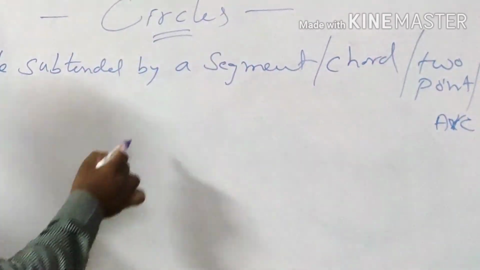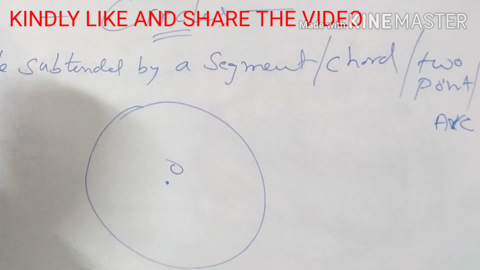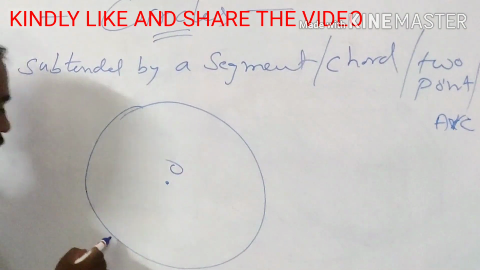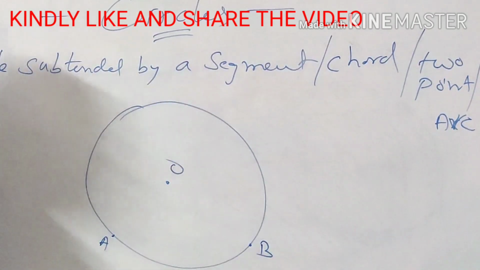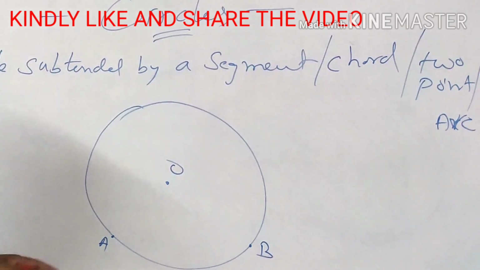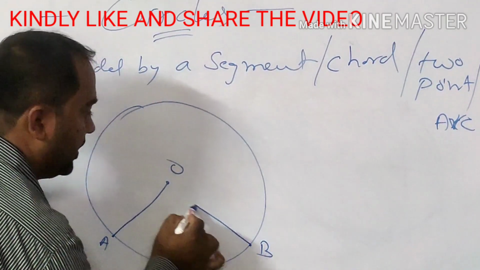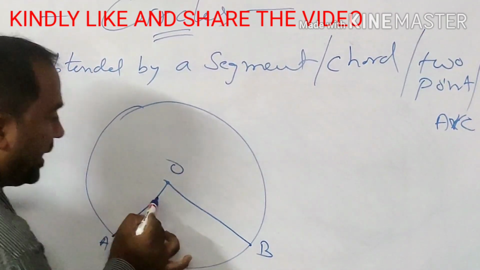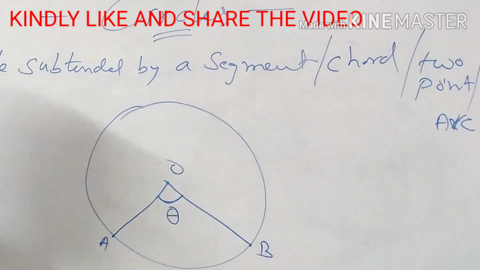Why? Let's see. Let me draw a circle with center O. Now I am going to plot two points A and B on the circle. Then I join these two points with the center. Now some angle is formed here. Let us name it theta.